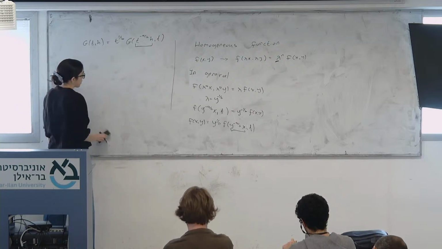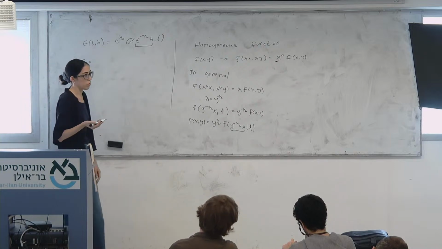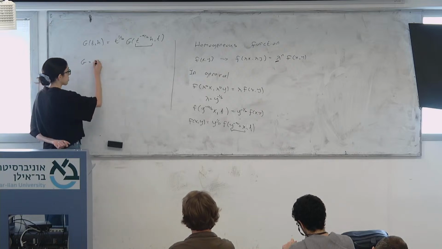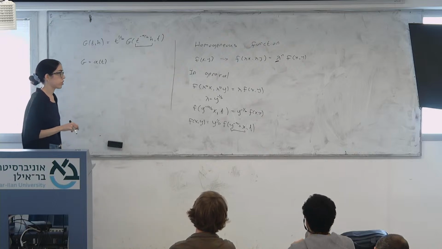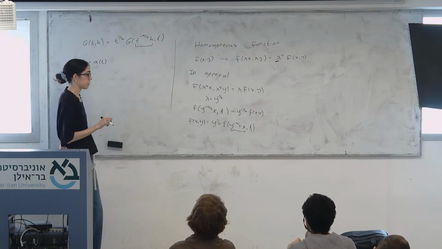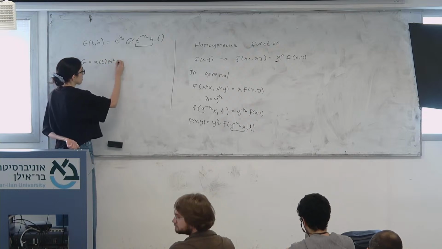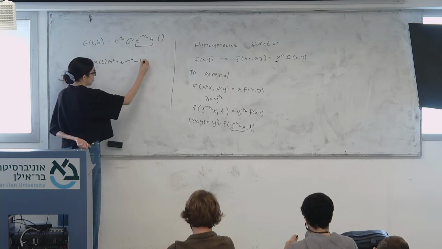So let's take for example some form of the free energy that we used in the last few classes. So we have A of T, you remember the parameter that changes sign before and after the critical temperature, m squared plus b, m to the power 4 minus h m.